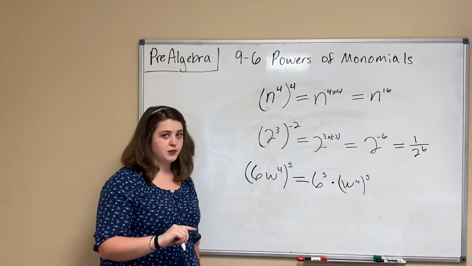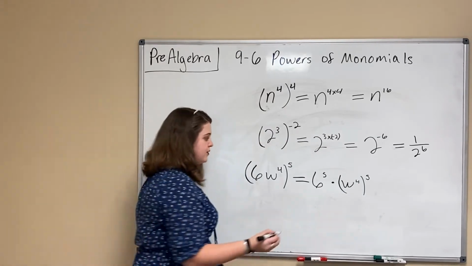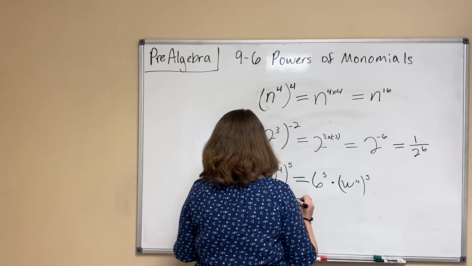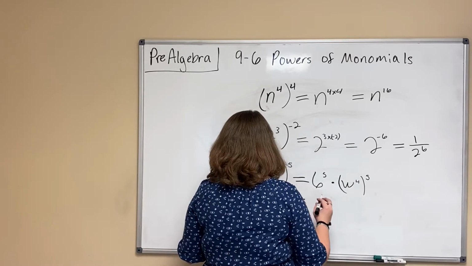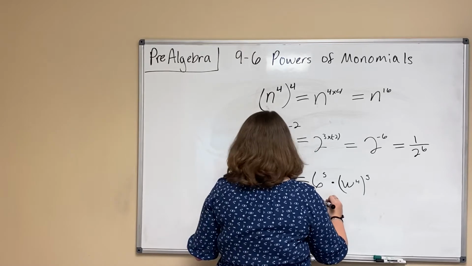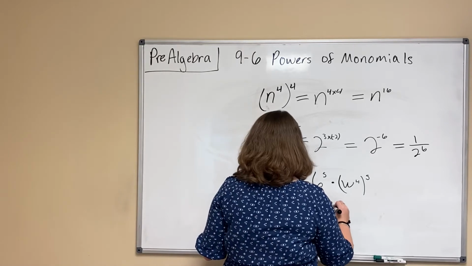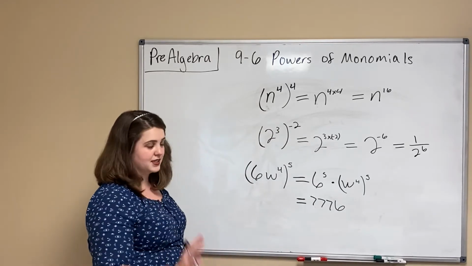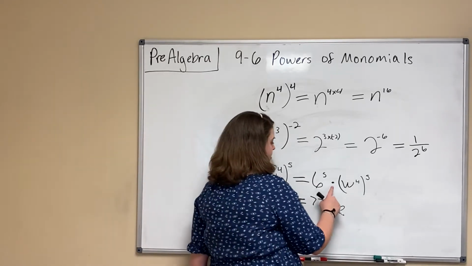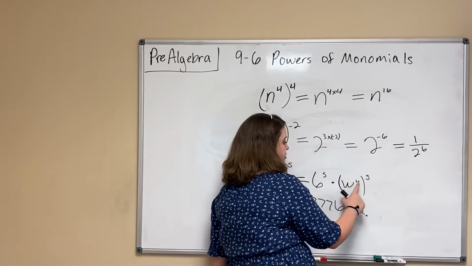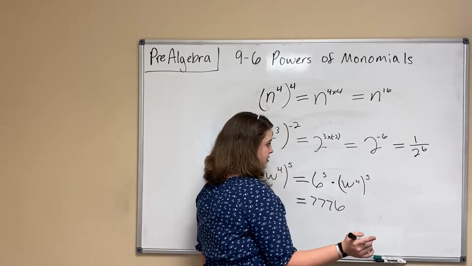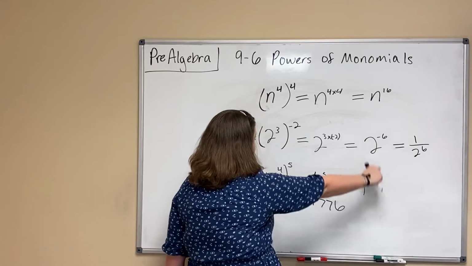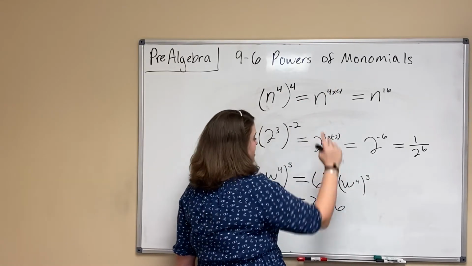Now I can go ahead and multiply 6 to the 5th out. You can put it in your calculator when it's numbers this big. And we're going to get 7,776. That's 6 to the 5th. Now I'm going to do times w to the 4th to the 5th. Now I know when I have a power raised to another power, I'm going to multiply its exponent.